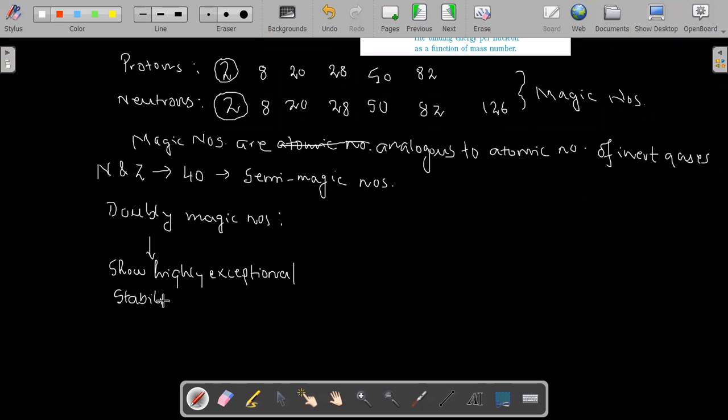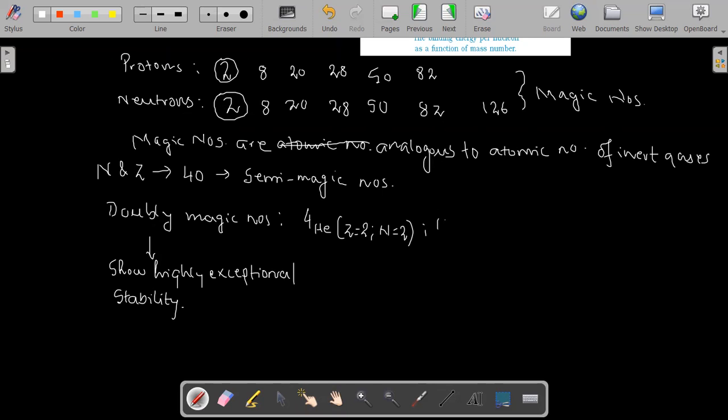They are going to be more stable compared to an element which has only either proton or neutron belonging to the magic numbers. If you consider an element like helium, we know that the number of protons is 2, and at the same time the number of neutrons is also equal to 2, and both of them belong to the magic numbers. So this is going to show exceptional stability.